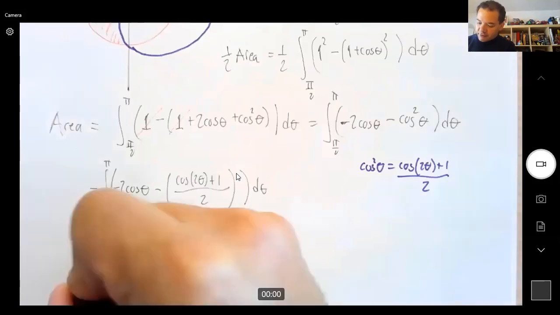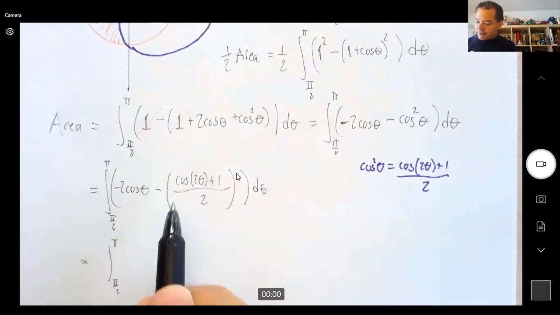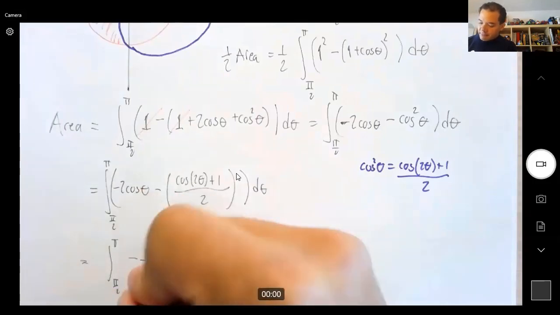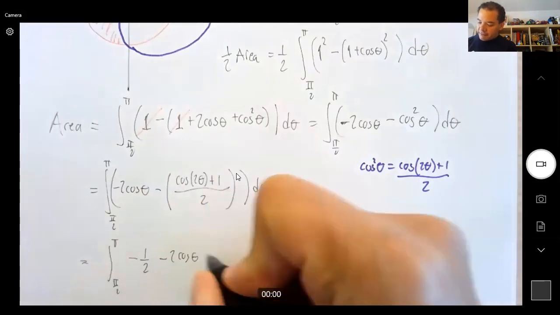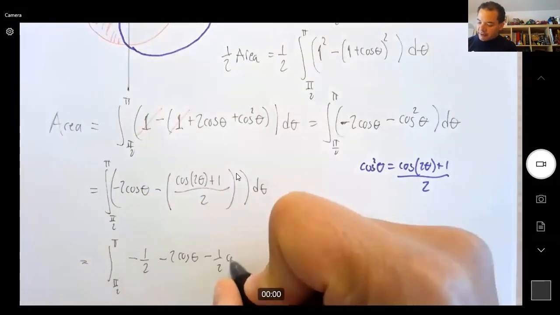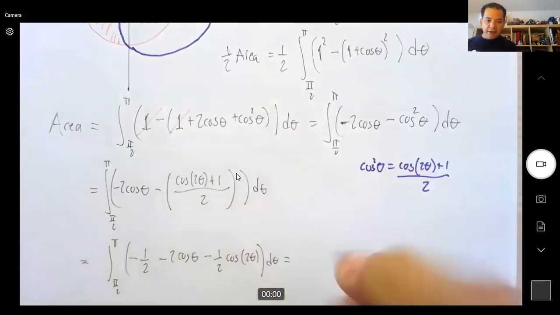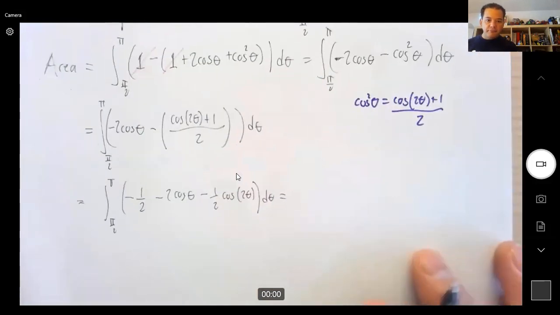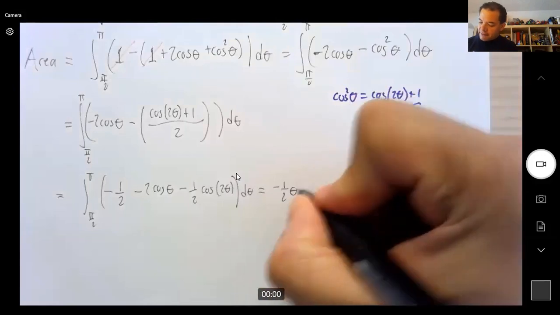Let me just clean it up a little bit before we do that. Let's put the constant first. It would be -1/2, minus 2 cosine theta, minus 1/2 of cosine 2 theta. Everything is negative. That's okay. So now let's integrate. It will be -1/2 theta.